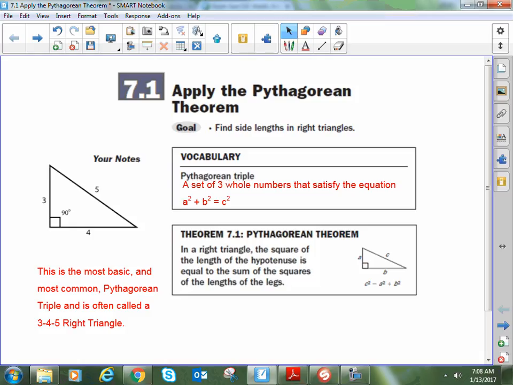There's a list of Pythagorean triples that you can familiarize yourself with and memorize, so that when you see them, you don't have to actually do the Pythagorean theorem. But of course, that's predicated on the fact that you actually have those memorized. If you do, that's great. If you don't, that's fine too, because we can always just substitute the numbers in the Pythagorean theorem and find what we need.